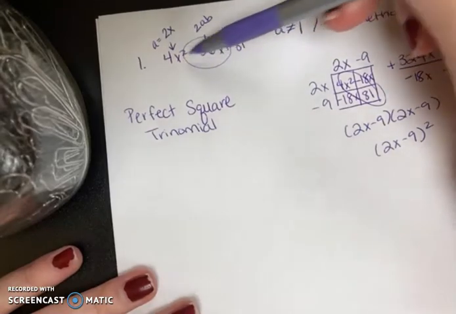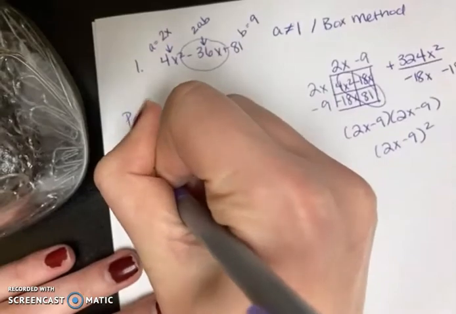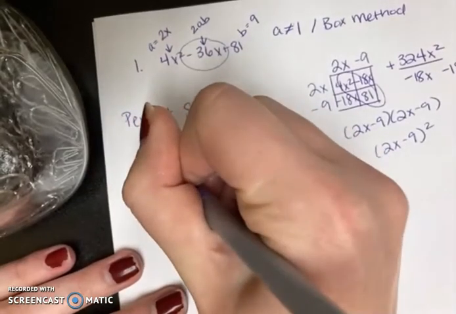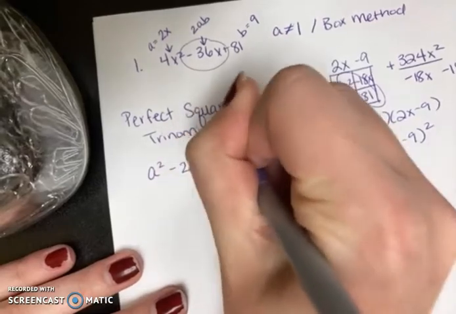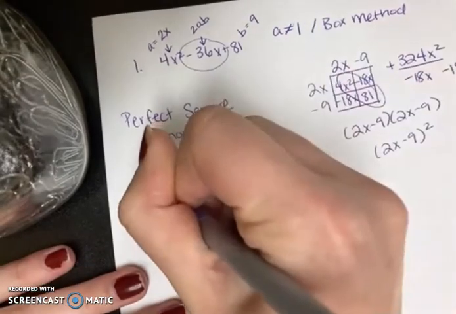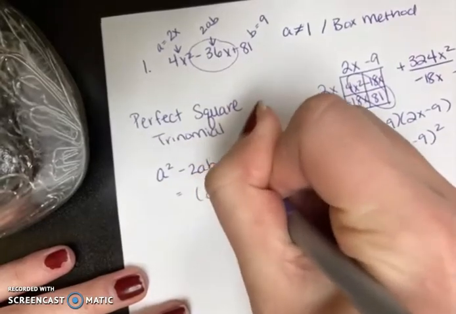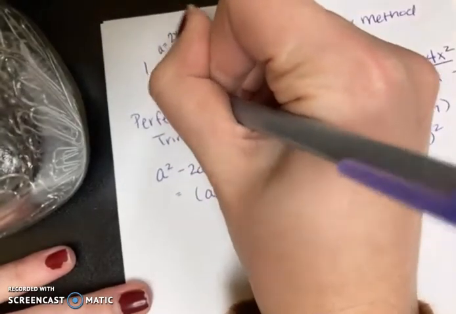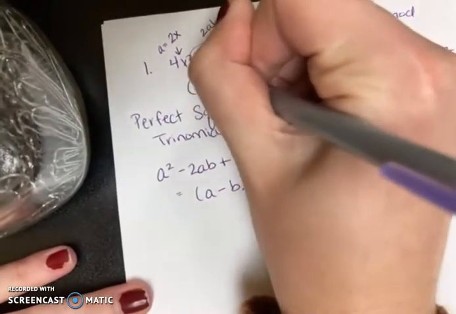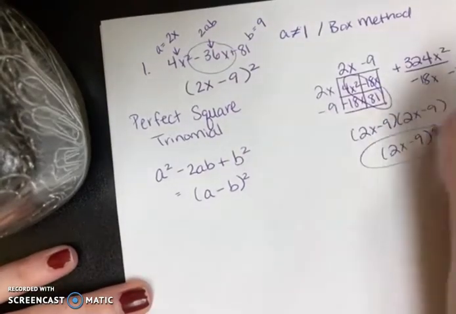So again, this is a perfect square trinomial because it is in the form a squared minus 2ab plus b squared. And I would rewrite that as a minus b being squared. So that means that the answer here is 2x minus 9 being squared, which is what we found over here.